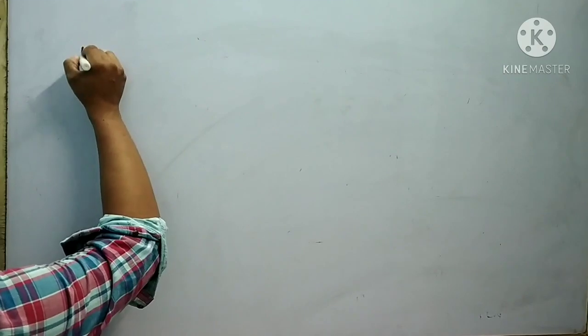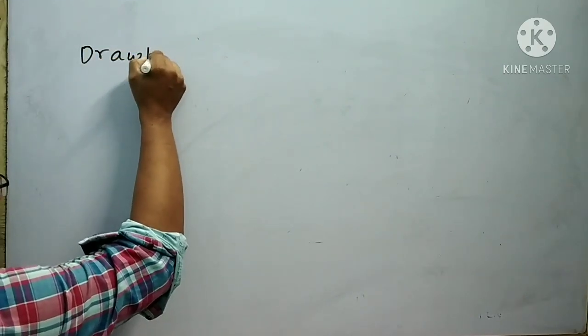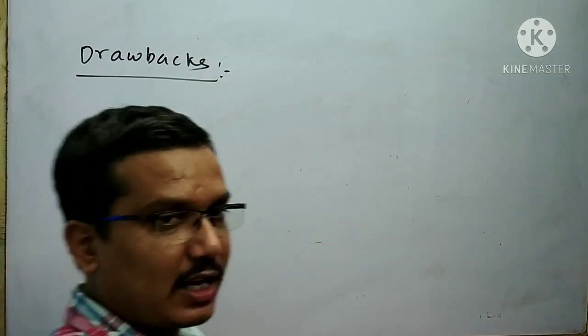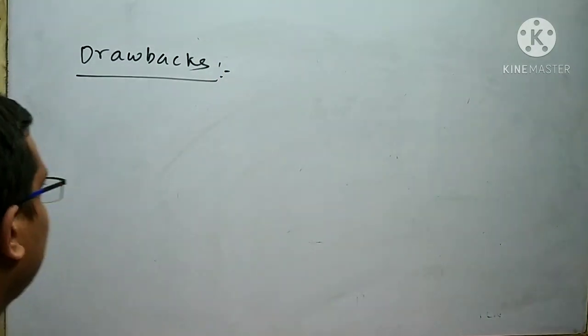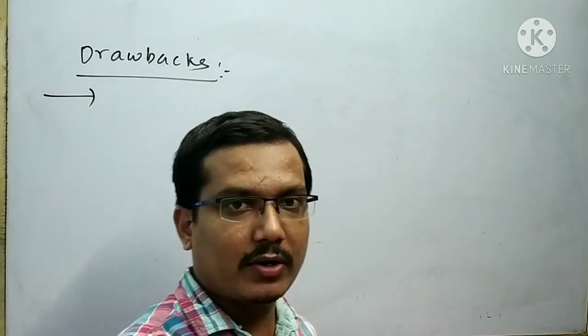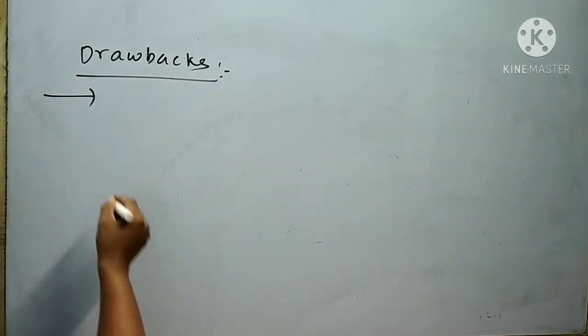Now I will discuss the drawbacks of valence bond theory. What are the drawbacks of valence bond theory? First, the color exhibited by coordination compounds cannot be explained by valence bond theory.